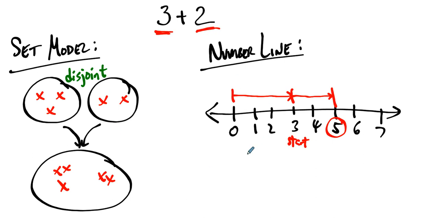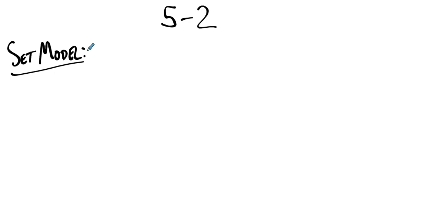These two models work really well with small children to explain what addition is. Subtraction works a similar way. What if we wanted to do 5 minus 2? Well, think about how you would explain to a small child what 5 take away 2 is. Well, yet again, we can use a set model to do what little kids usually call takeaway.